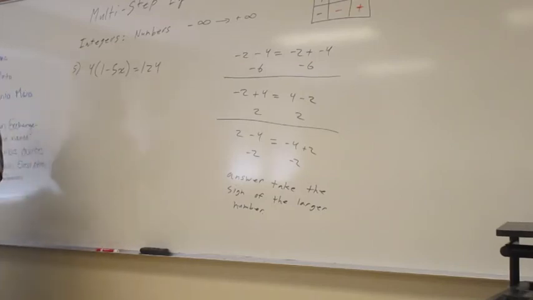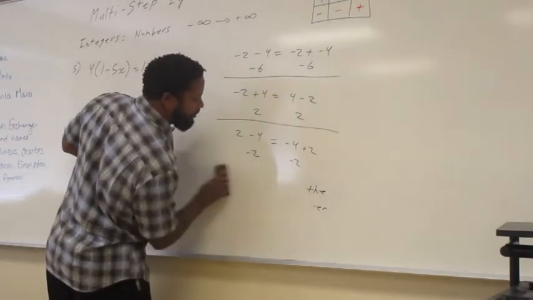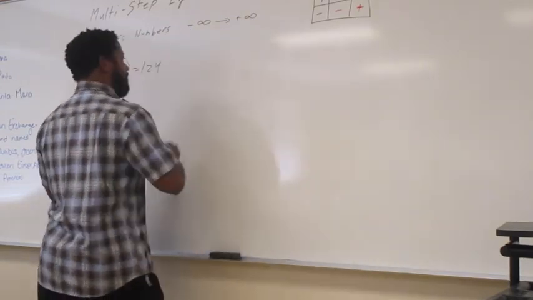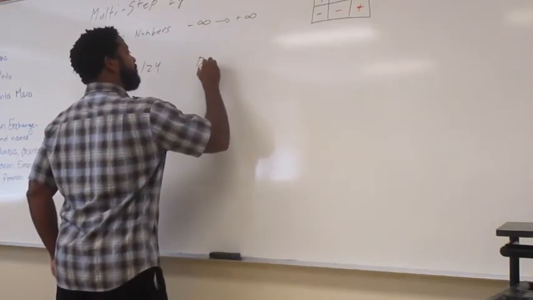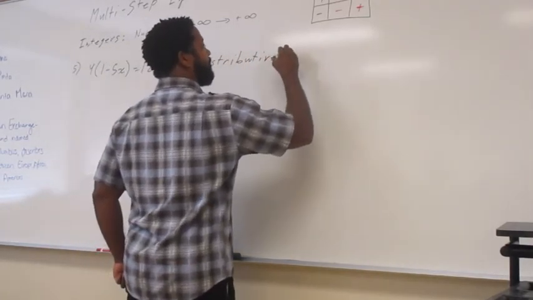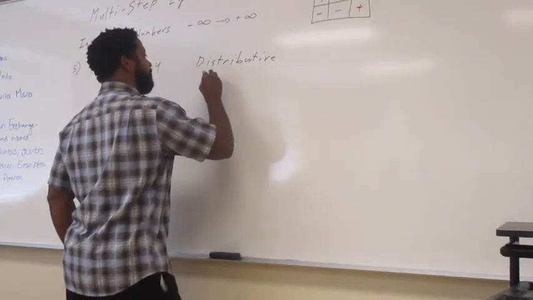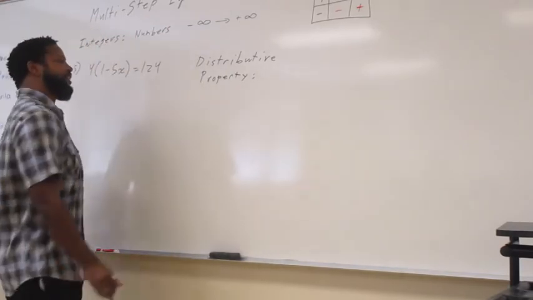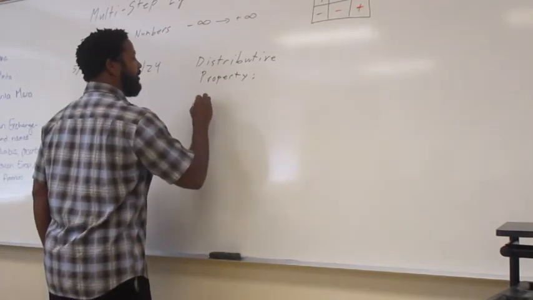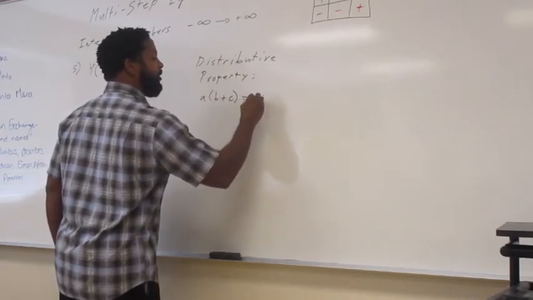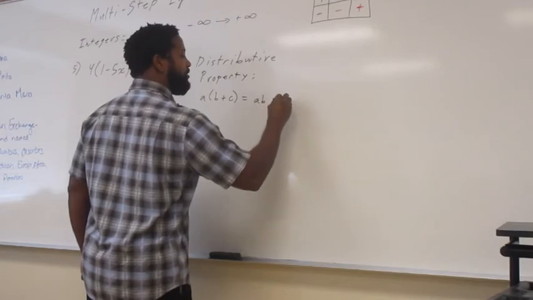Okay, the distributive property states, and maybe you can write this down in your notes, that if you have A times B plus C, that is equal to AB plus AC.